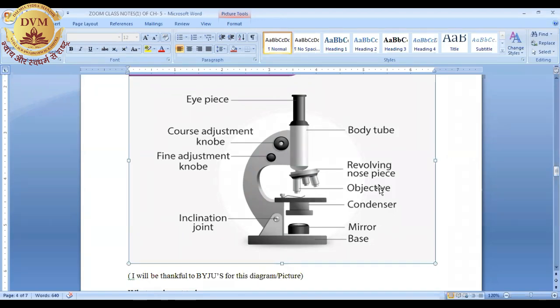Next are the objective lenses. There are objective lenses to magnify the image, right? Actually, these are the objective lenses which magnify whatever thing you are observing under the microscope.